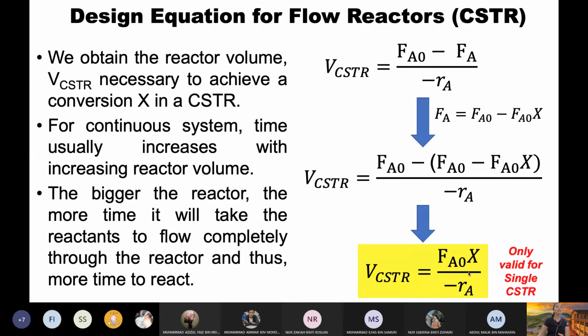In this case, we have derived the equation, however this equation is only valid under certain conditions, in this case, only if you are calculating the volume of one reactor only, one CSTR. On the other hand, remember I taught you CSTR, PFR, we can actually use more than one reactor connected in series.